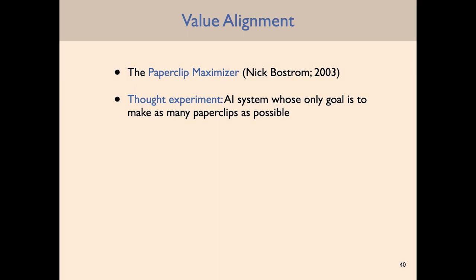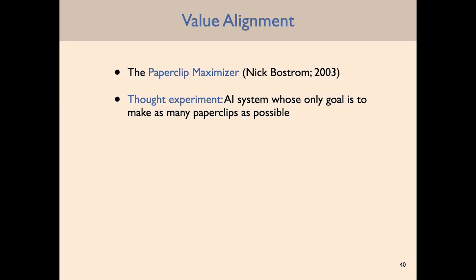To make this more concrete, there's a famous philosophical thought experiment introduced by the philosopher Nick Bostrom around 20 years ago now. It's called the Paperclip maximizer. Almost any discussion you hear about the value alignment problem makes a reference to this thought experiment. The thought experiment is really simple.